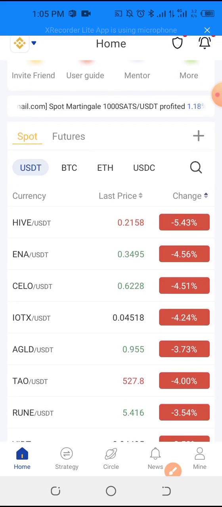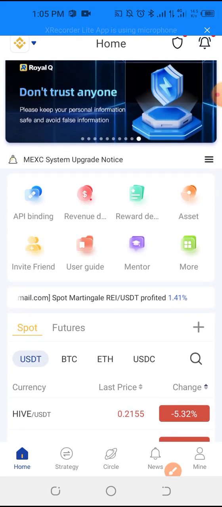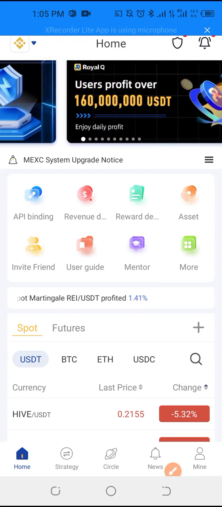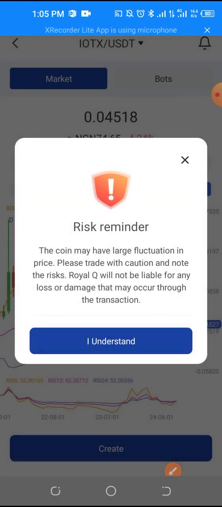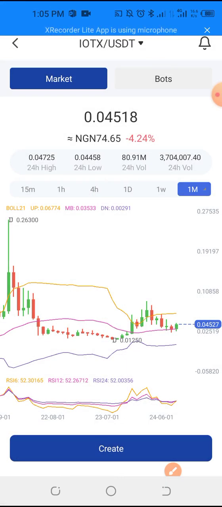So because most of the coins are on the upward trend on the 1 day and 4-hour charts, you keep on searching. So the next thing for you now is to look for any coins that have a downward trend on the 15 minutes, 1 hour, and 30 minutes.